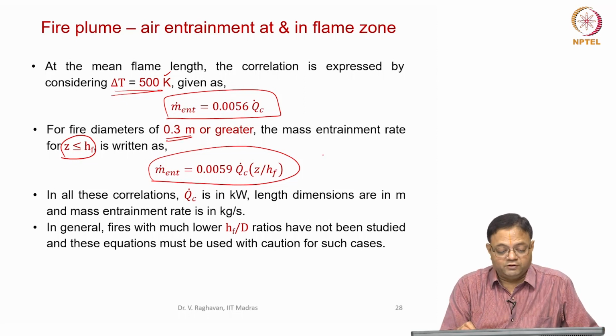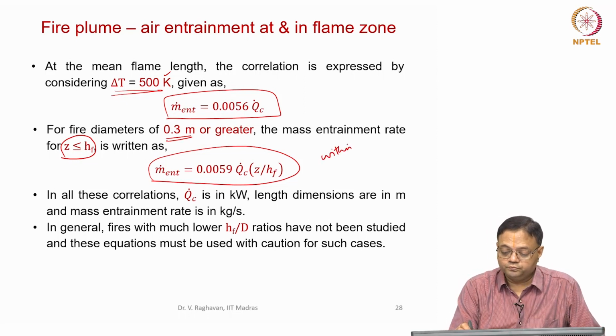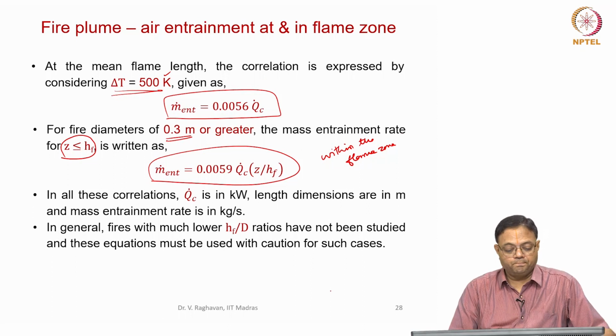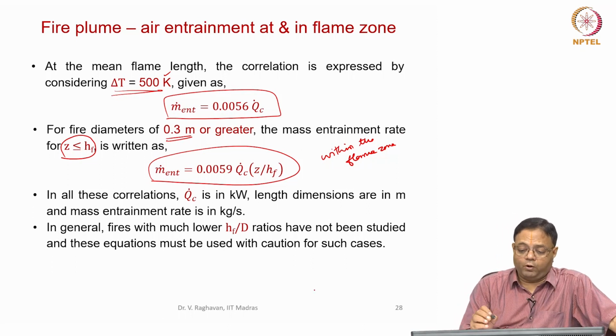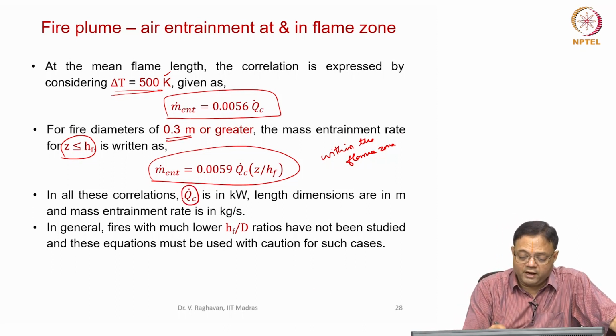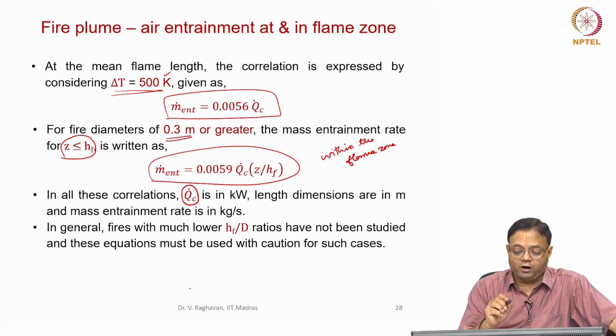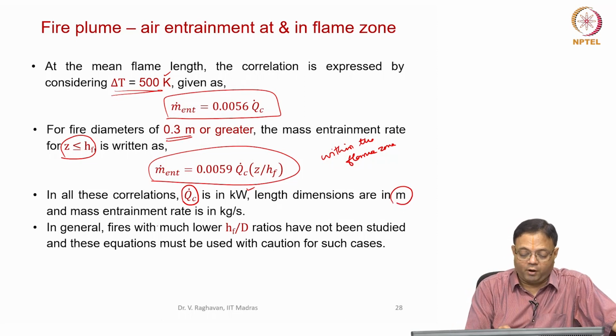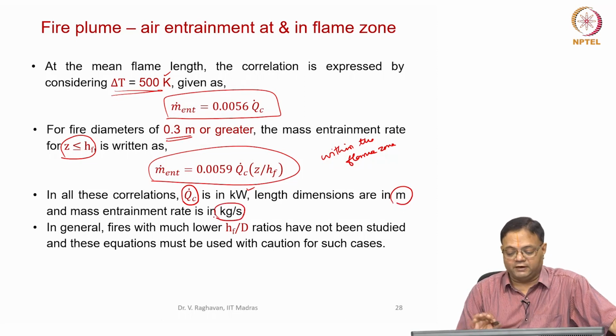Okay, this works within the flame zone. One point to note is that in these cases Q dot C, the convective heat flow rate, should be in kilowatt. Length dimensions are in meter and the mass entrainment rate in kg per second.